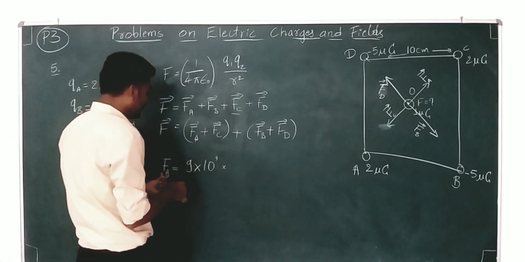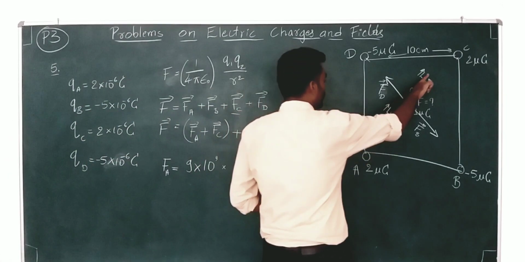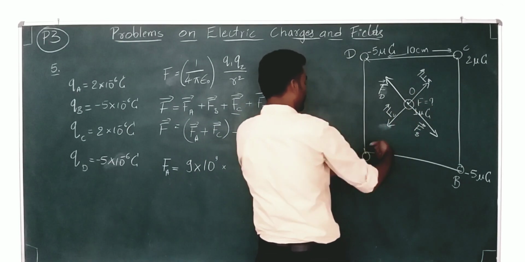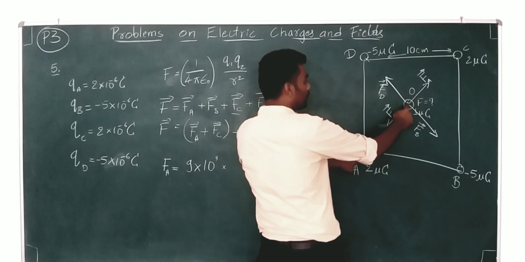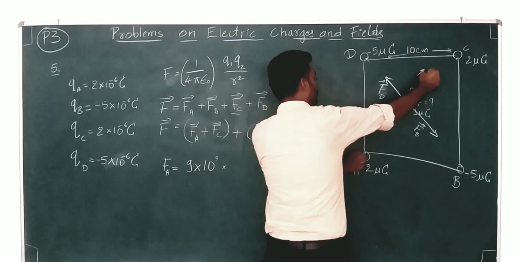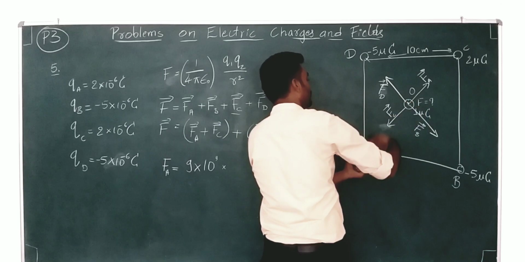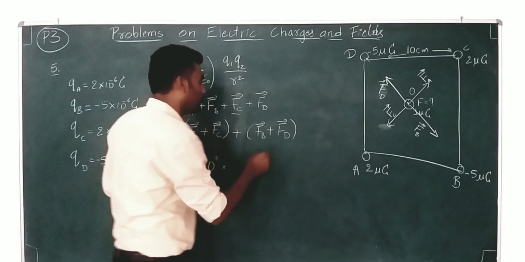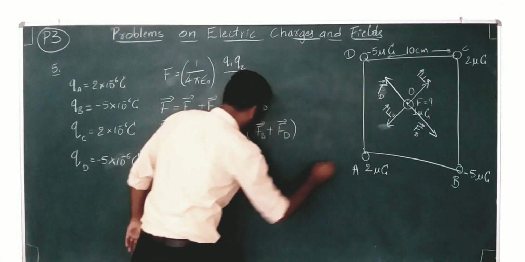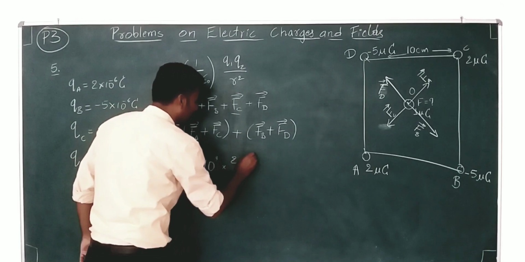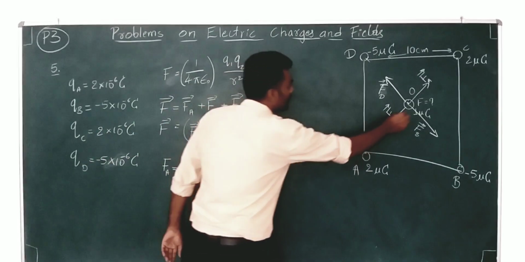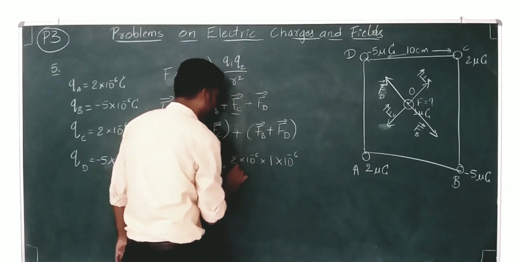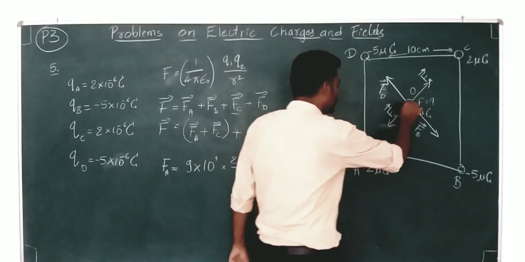Now we are finding the force FA on the charge at O. So these two are the charges which have to be considered, one at A, the other at O. This force is what we are finding, and these two are the charges responsible for this force. So one charge is here, which is 2 into 10 to the power of minus 6, into the other charge here, which is 1 into 10 to the power of minus 6, divided by, now coming to the distance between them.